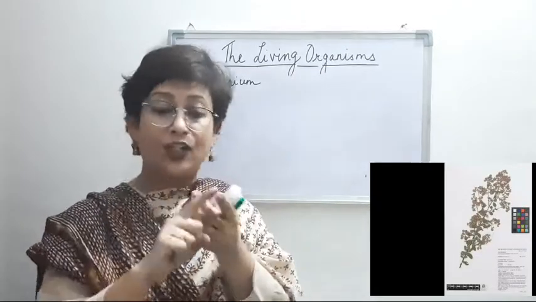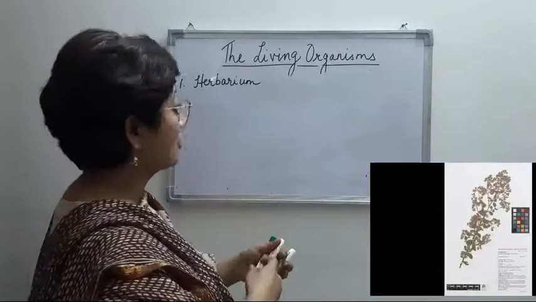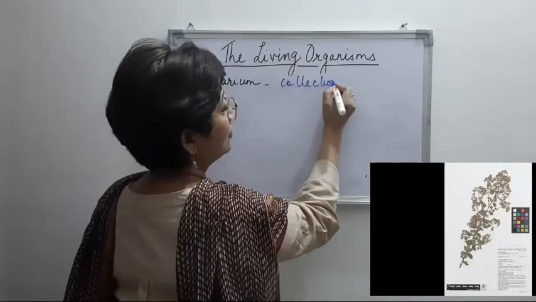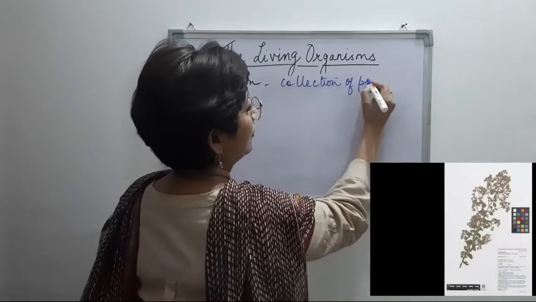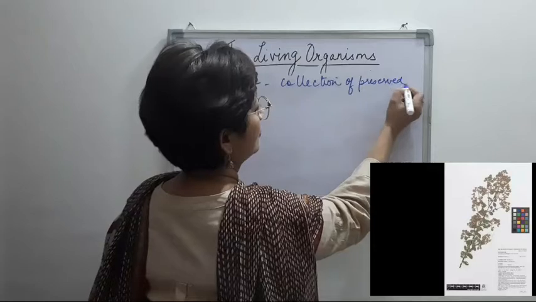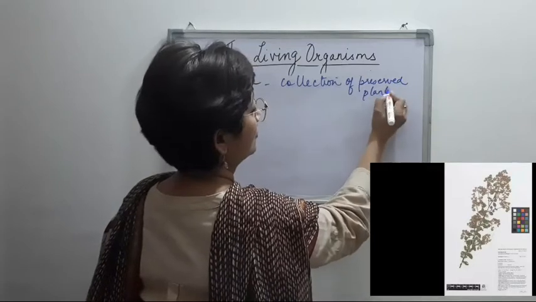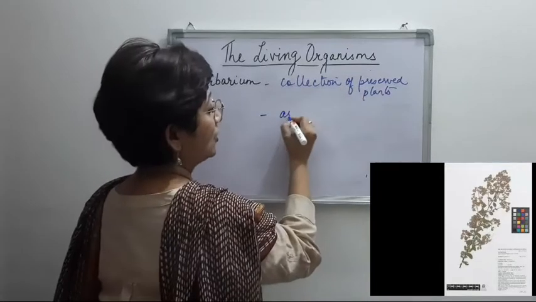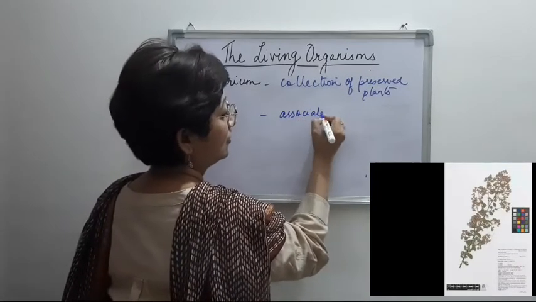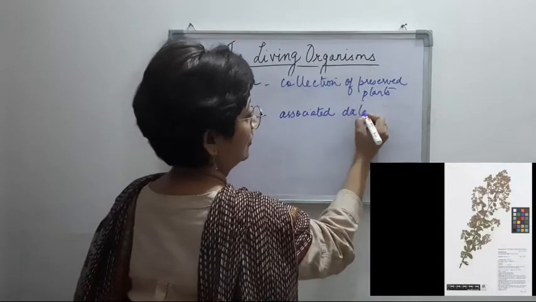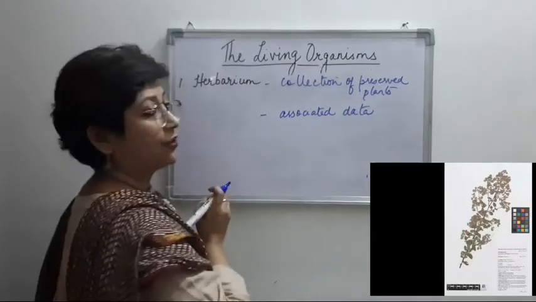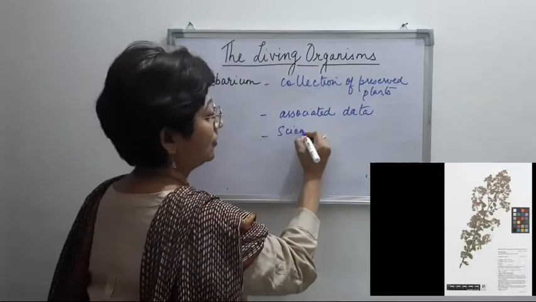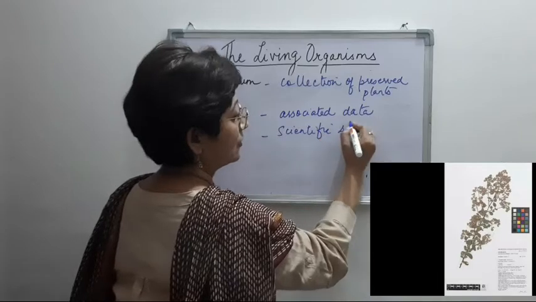It is a collection of preserved plants, and what else along with the plant? Associated data. I will tell you what associated data is. What is it used for? Scientific study.